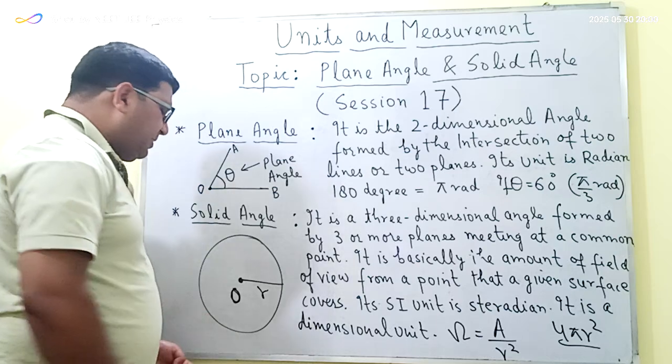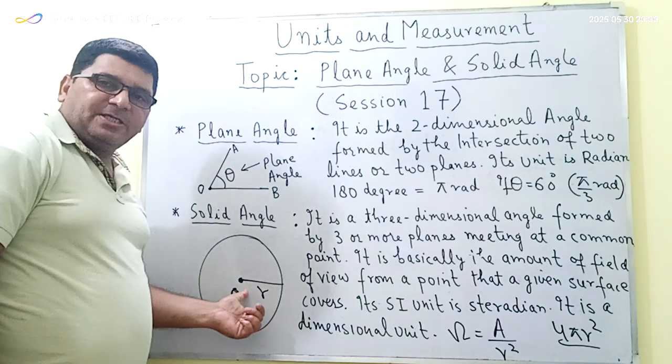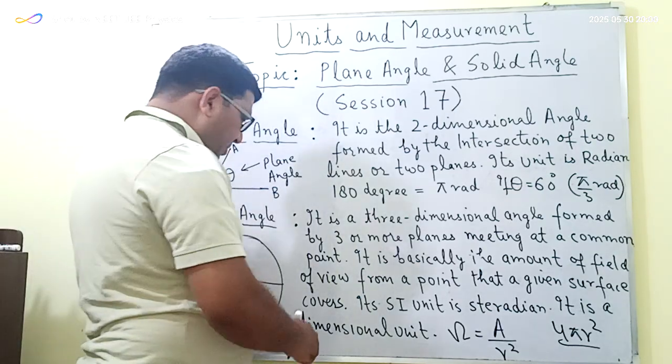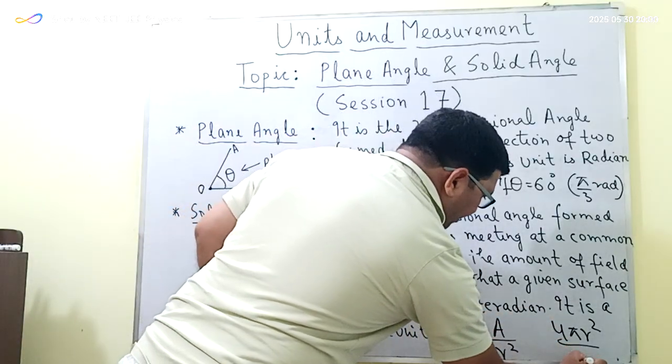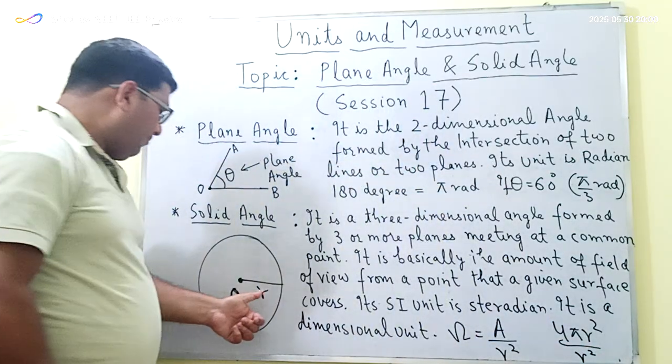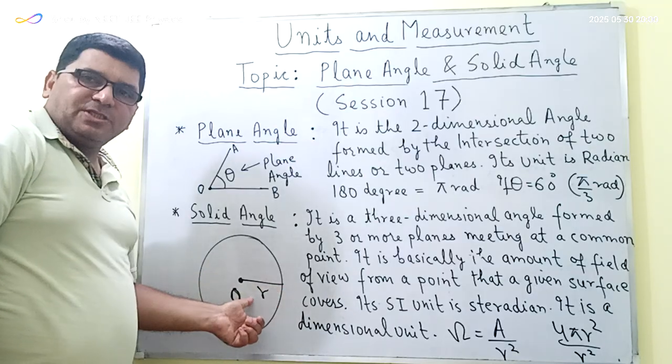If we want to find the solid angle at the center of the sphere, then the solid angle will be equal to A, that is 4 pi r square, divided by r square, where r is the radius of this sphere.